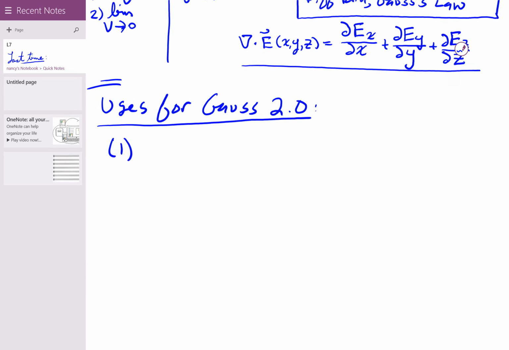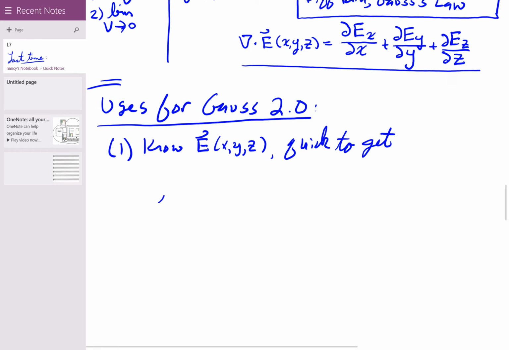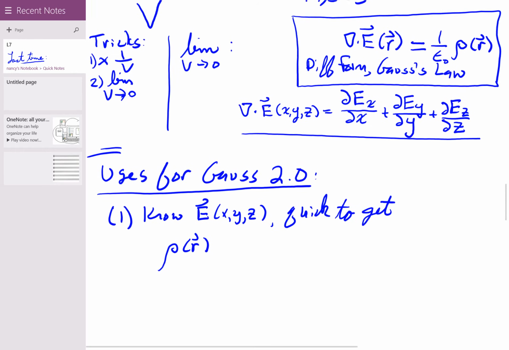So that tells you that if you know E, which depends on your coordinates, then it's quick to get the density at any point, rho of r. If you look at the mathematical form we just had, you can solve this pretty quickly for rho.